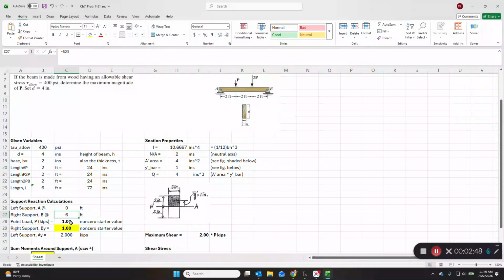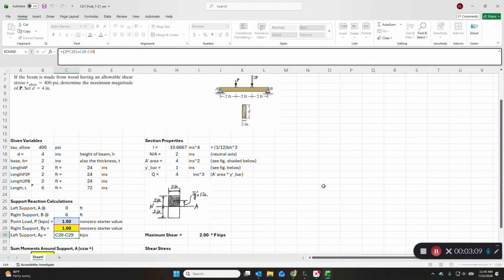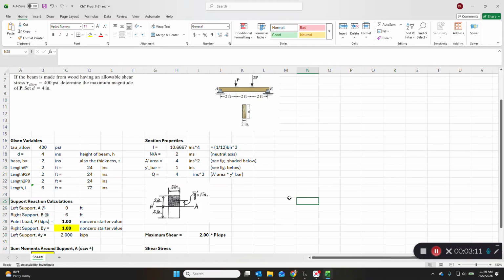And the point load in kips, let's just call P1. I always like to set an unknown equal to 1 as a non-zero starter value. That's a dummy value. And then the right support, BY, we're also going to call that 1 for now. So the left support here is going to be, we'll have to just sum these and call it 2, right?